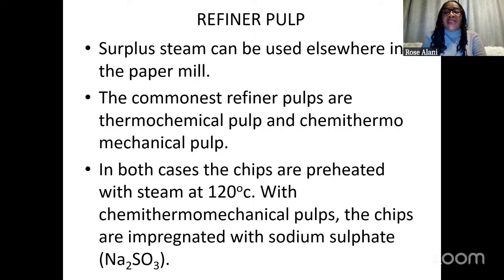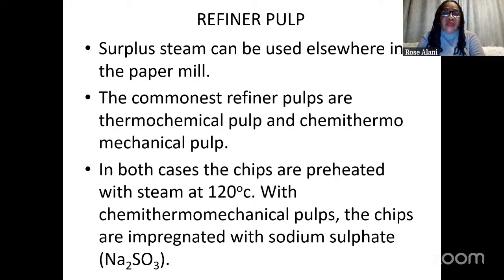The commonest refiner pulps are thermomechanical pulp, TMP, and chemi-thermomechanical pulp that I mentioned before. So in both cases, the chips are preheated with steam at 120 degrees centigrade.